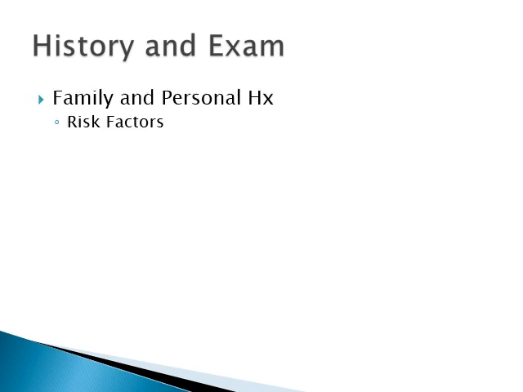So the history and the physical exam: again, look at the family medical history. That's going to tell you a lot. A sudden cardiac death under the age of 40 is a really strong risk factor for cardiovascular disease. Or even just a cardiac incident, I would go as far as to say under 40 is significant.